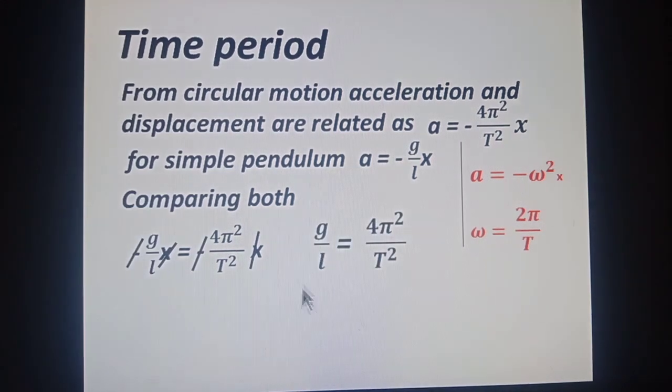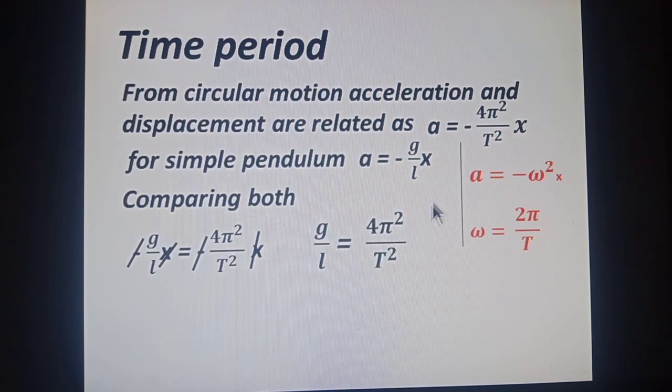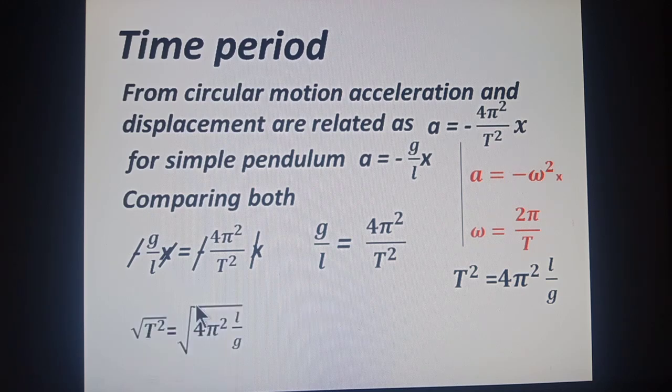So we are left with g by L equals 4 pi square over T square. Now students, rearranging this equation, T square equals 4 pi square L by g. Taking root on both sides, the square cancels with the root, and we are left with T equals 2 pi under root L by g. Students, it is the equation for time period of a simple pendulum.